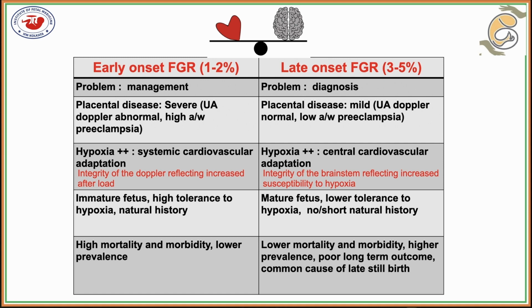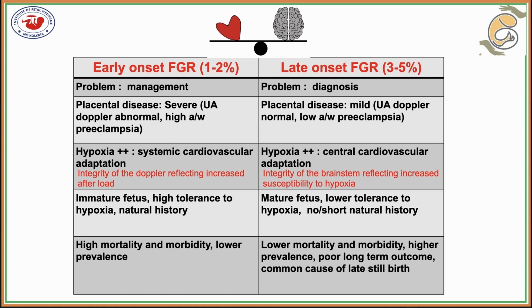Right ventricular pressure increases, which is transmitted to the right atrium, and that is transmitted to the ductus venosus, which is reflected in the form of abnormality of the A wave in the ductus venosus, reversal or absent A wave. So these all are the consequence of placental dysfunction leading to systemic cardiovascular adaptation, and then there will be decompensation.